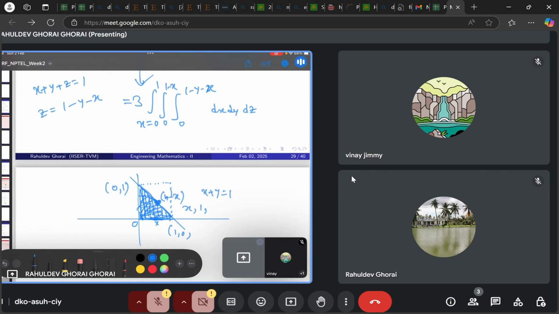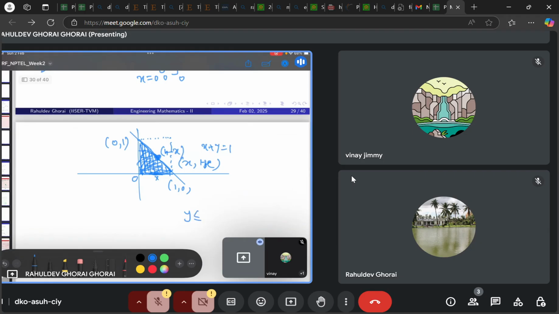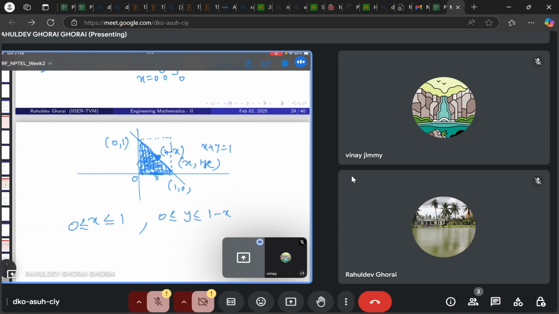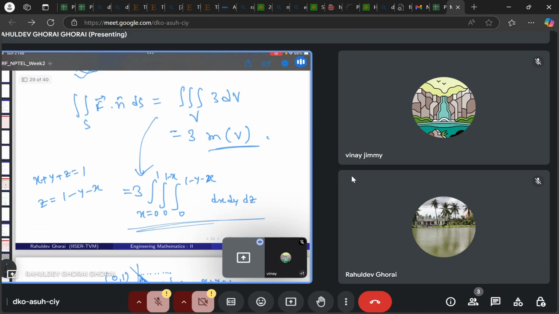So y should vary from 0 to 1 minus x, and x from 0 to 1. That will give you this whole region. That is a simple exercise, you can just think about it. And then what is the answer? Tell me.